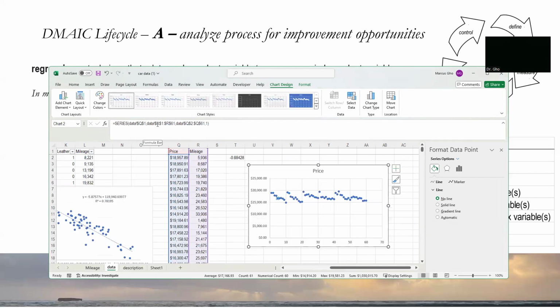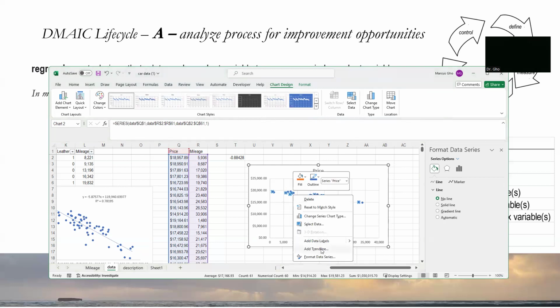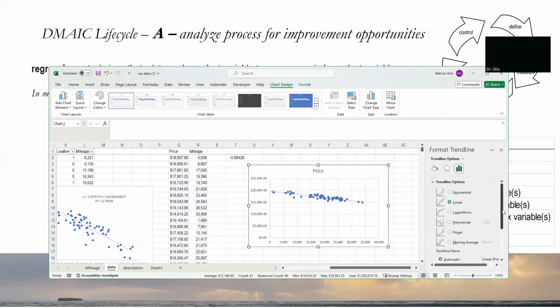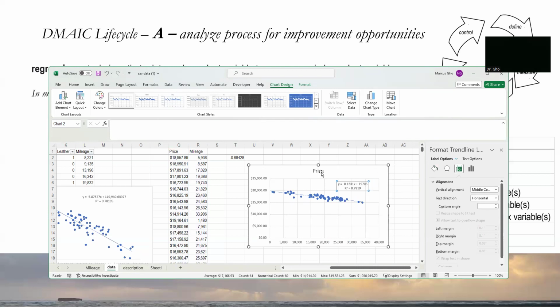Now we have this as a function of the mileage equals the price that we sell it for. We add the trend line. The trend line's in there, display equation on the chart. Clean this up just a little bit.